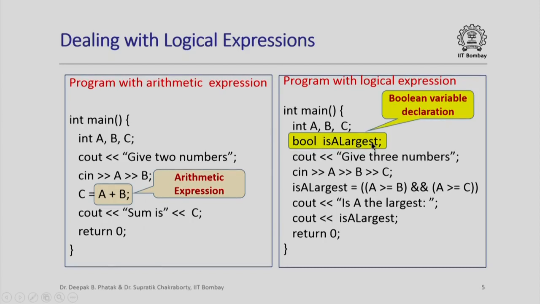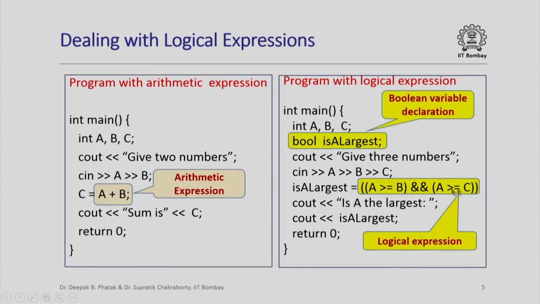called is a largest. Note that I have named this variable such that it conveys the purpose of this variable. Most likely this variable should be set to true if a is the largest of the three values a, b, c. Then we say give three numbers, this message is output on the screen, and then we read three numbers and then we compute the value of this boolean variable is a largest in this manner, and this is what we are going to call a logical expression.